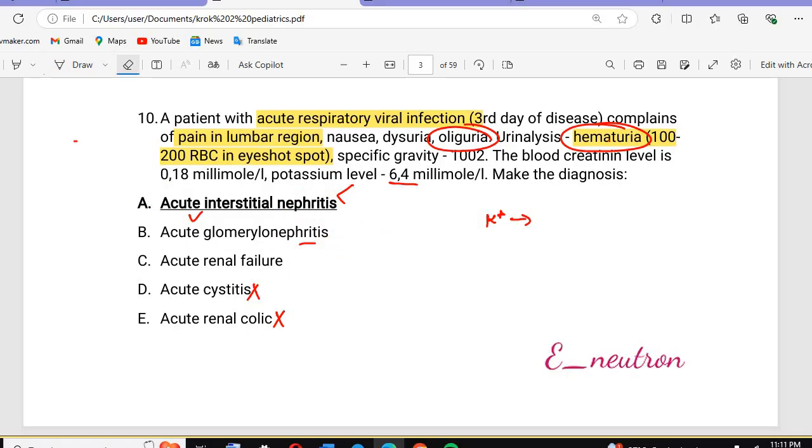Now let's study AIN. What is AIN? Acute interstitial nephritis.